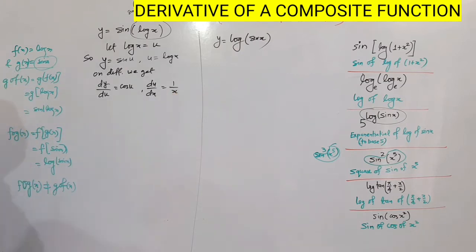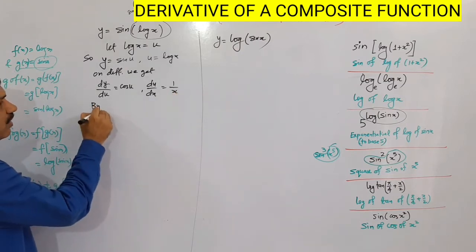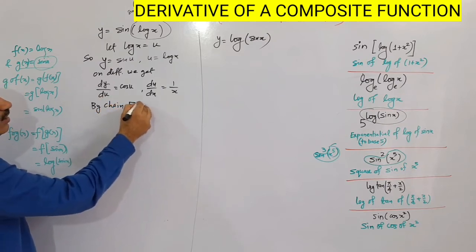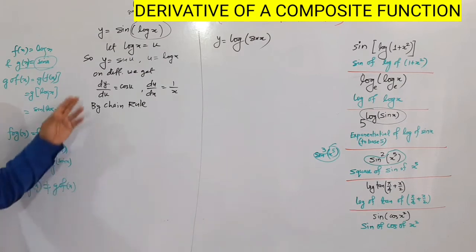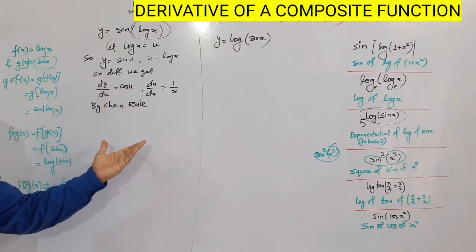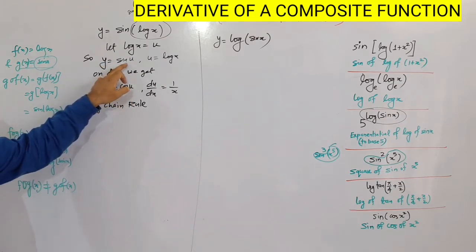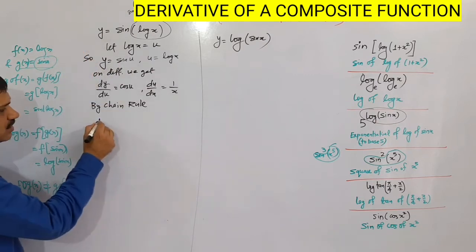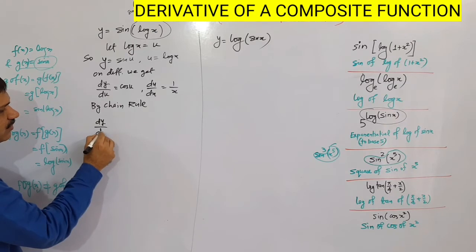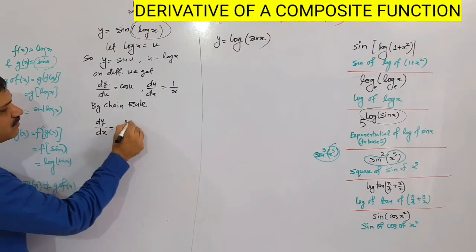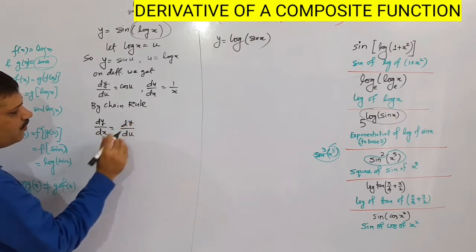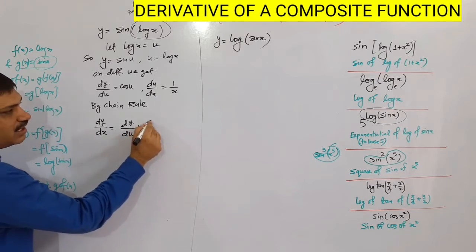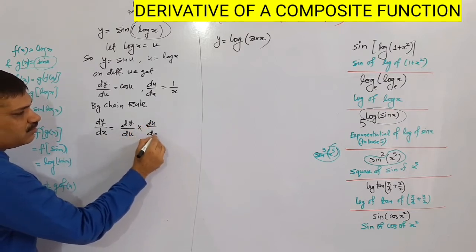Now, by chain rule, actually we don't need dy by du or du by dx separately. We have introduced the variable u, but we need the derivative of y with respect to x. So what the chain rule suggests is that the derivative of y with respect to x will be equal to the derivative of y with respect to u multiplied by the derivative of u with respect to x.